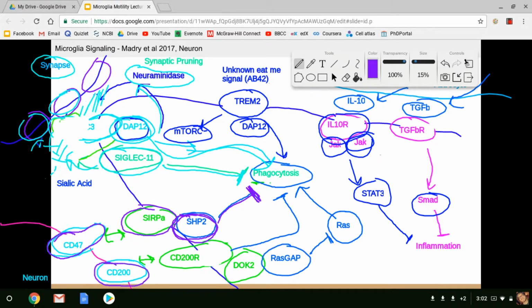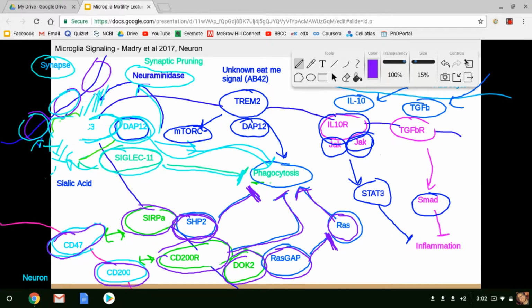Neurons also express CD200. CD200 binds to the CD200 receptor, which recruits DOK2, the adapter, which recruits RAS-GAP. RAS-GAP hydrolyzes the GTP of RAS, thus inhibiting it. And since RAS is involved in phagocytosis, we could say CD200 inhibits phagocytosis.